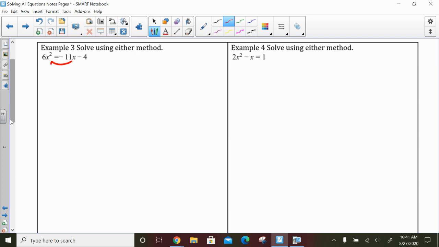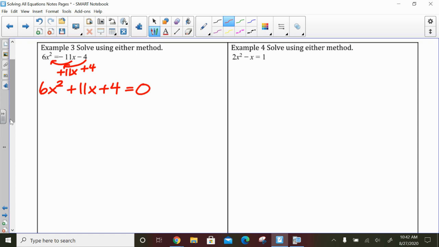So I'm going to move the 11x and the 4. In order to move those, I do the opposite value. I am going to add 11x and I'm going to add 4. So that's going to give me 6x squared plus 11x plus 4 equals 0.